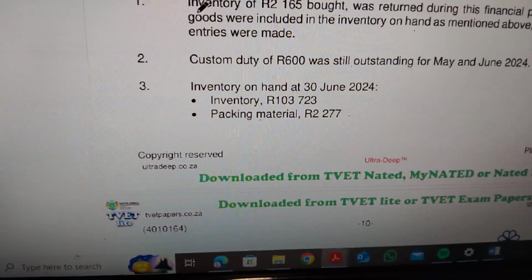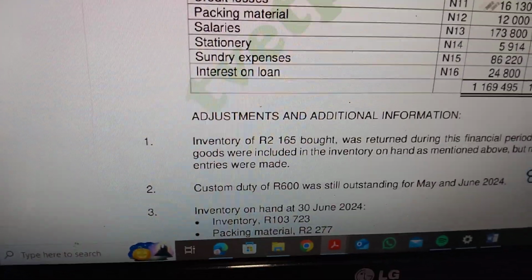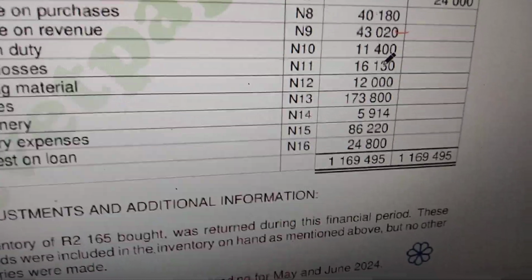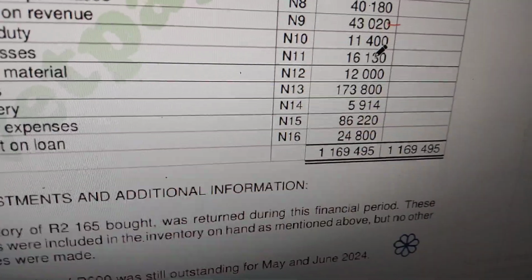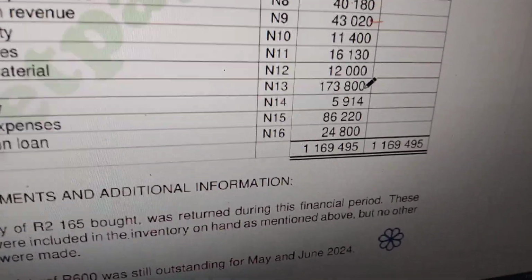So the credit losses, also known as the bad debts, on our trial balance is 16,108. These are the people who are owing us. So they are owing us 16,108.